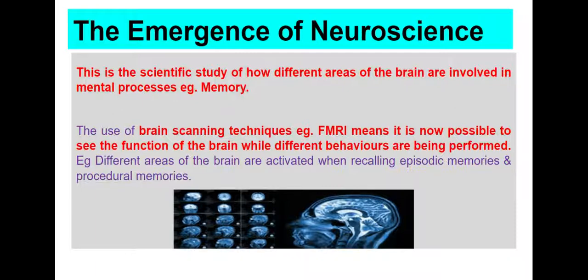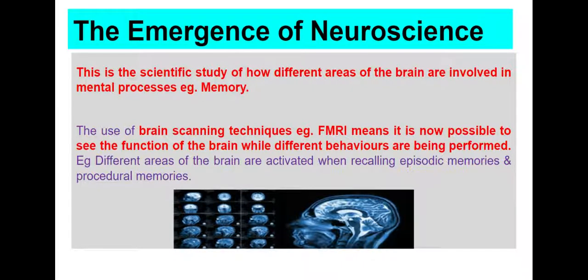Okay. And you could have a brain scan using the fMRI, which is a functional magnetic resonance image. And basically, it is looking at parts of the brain and it's looking at the functions of the brain while you are doing different behaviors within the brain scanner.